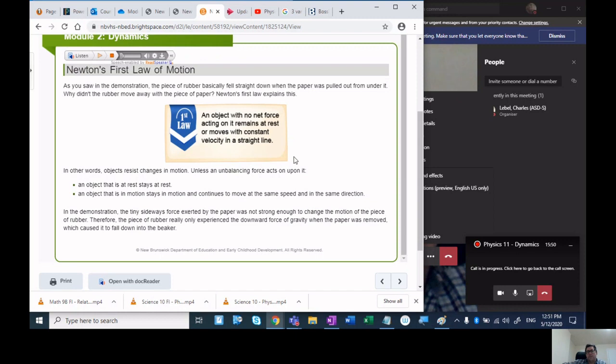But imagine in space, you just put something in space and you let it sit there. So what is it gonna do? Nothing at all. So that's an object with no net force, and it remains at rest. That's his first law, right? Or it moves with constant velocity. So imagine the same object, but this time I give it a little push.